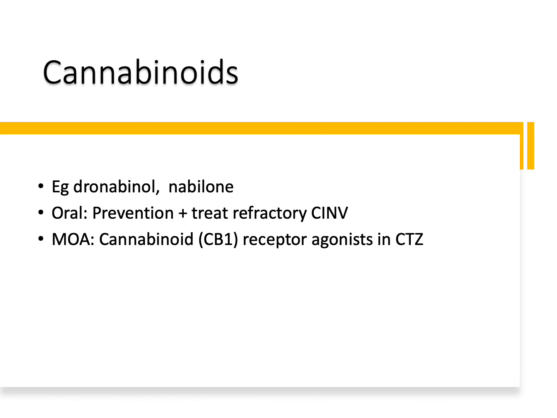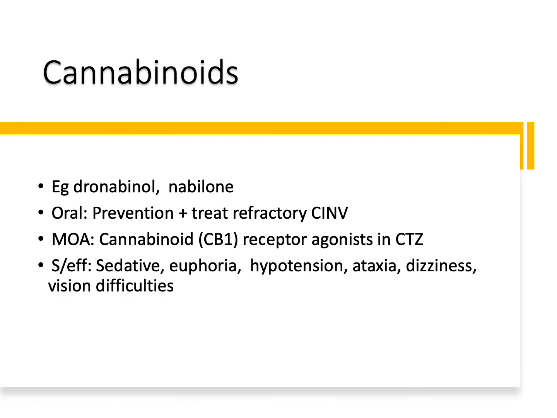Most of the time it's the second line, meaning if they already got the standard combination drugs to inhibit chemotherapy-induced nausea and vomiting and it doesn't work, this is the top up we can use. It can cause a little bit of sedative effect, which probably explains how it works, because if the person can sleep, they won't feel the vomiting sensation. Again, as a top up, not to be used as a single agent. Examples are dronabinol and nabilone.